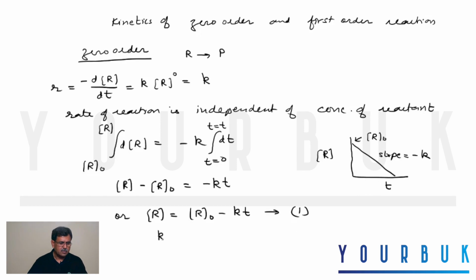So K is equal to R naught minus R upon t. This is the integrated rate equation. This is number 2, called the integrated rate equation for a zero order reaction.